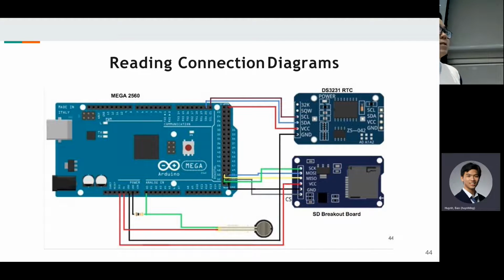Sometimes that doesn't really make sense if you never worked with this, but VCC and GND: GND usually stands for ground, VCC is your power. And the other four are usually pretty interchangeable. So a lot of times it's really confusing how you're connecting things. But that's the good thing about Arduino, there's a really nice community of people who are willing to help you out and just do these connection diagrams for you automatically.